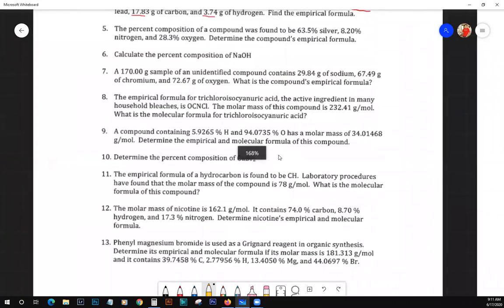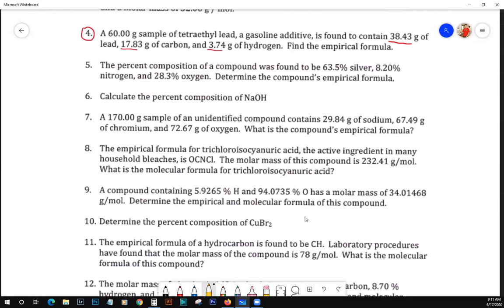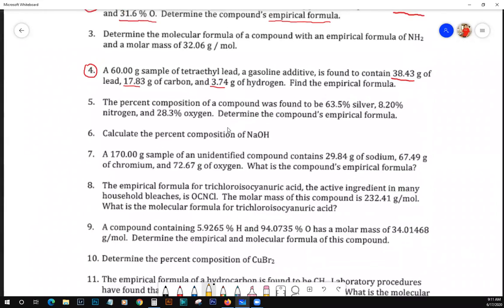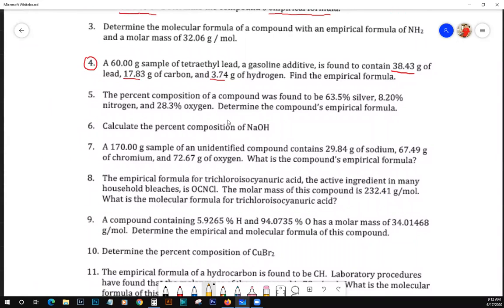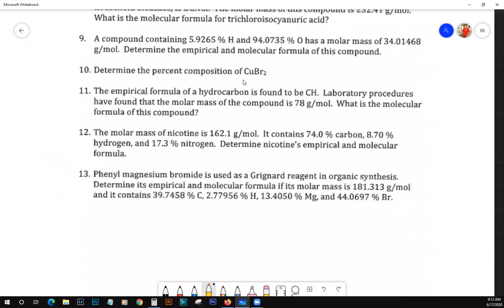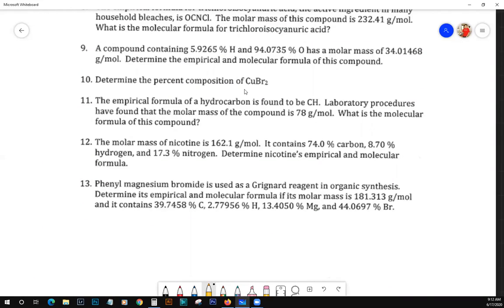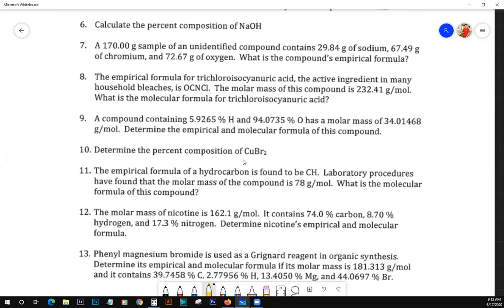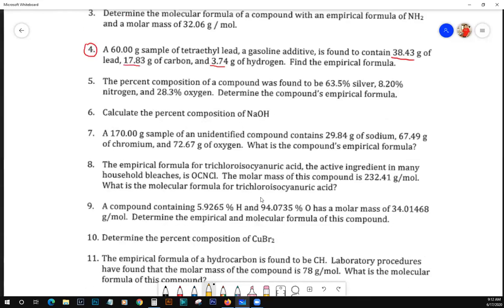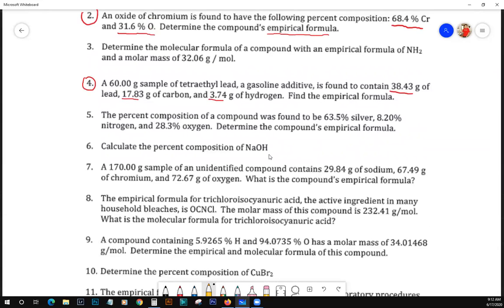Okay, so why don't you do one of the practice problems here.